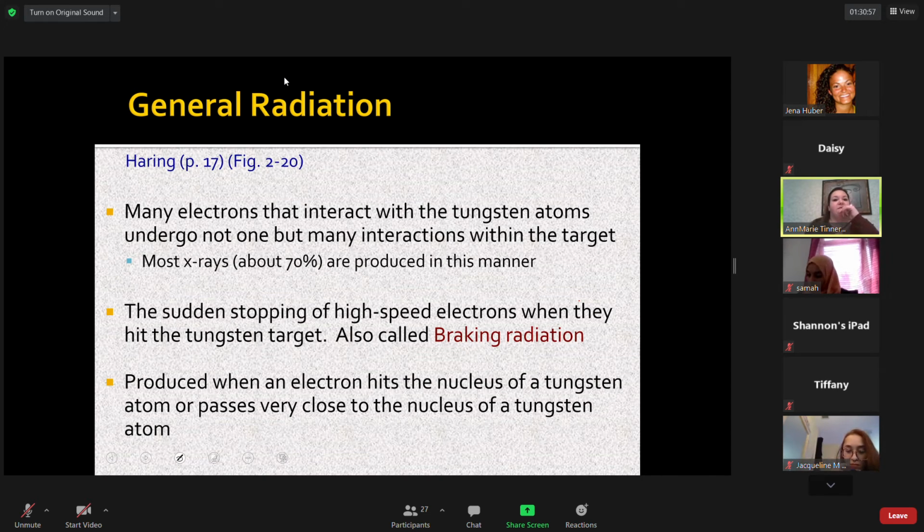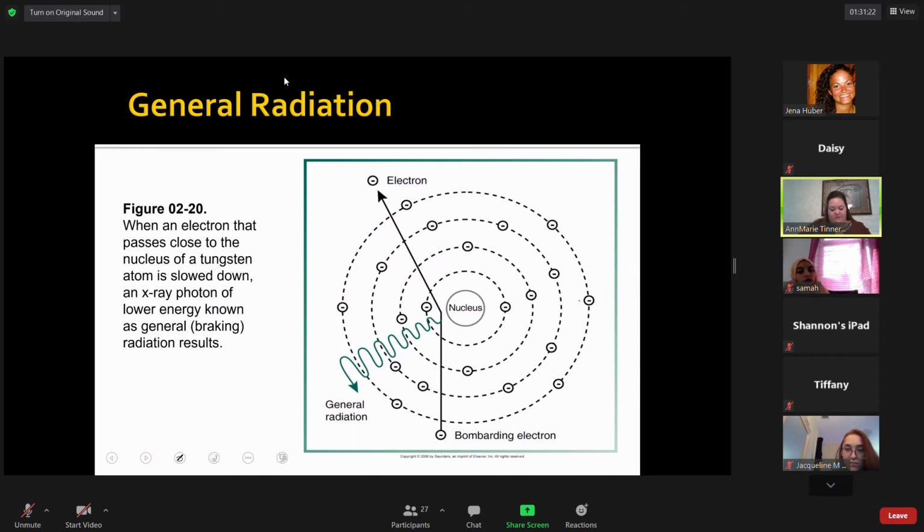The sudden stopping of high-speed electrons when they hit that tungsten target is called braking radiation, which makes sense. It's that sudden stop of those electrons when they hit the tungsten target. And this is produced when an electron hits the nucleus of the tungsten atom or passes very closely. So that is general radiation.